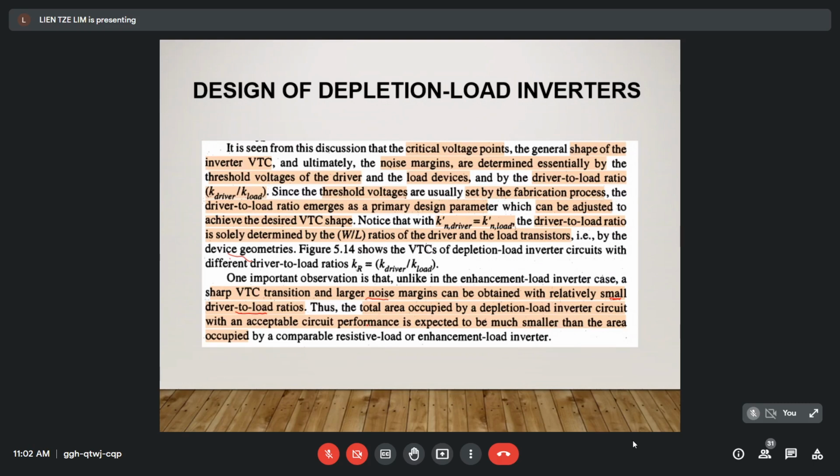The total area occupied will also be smaller because of this small driver to load ratio. The area occupied by this depletion load inverter is smaller than the resistive load and the enhancement load inverter.